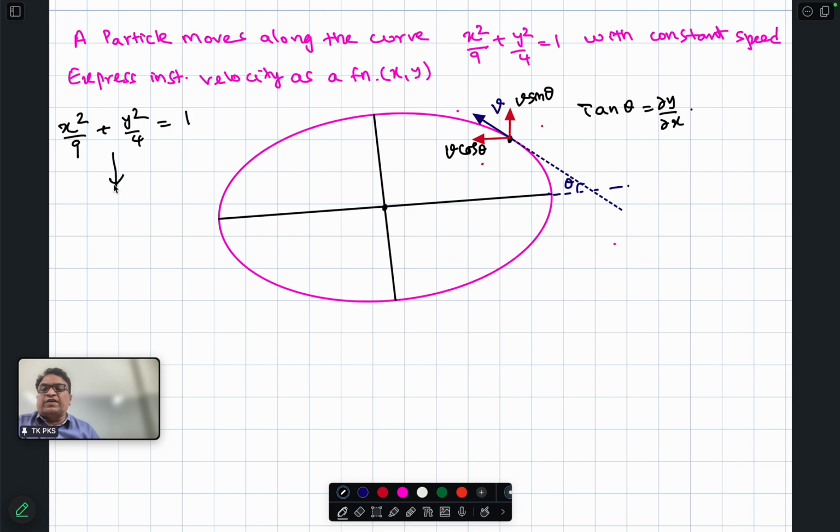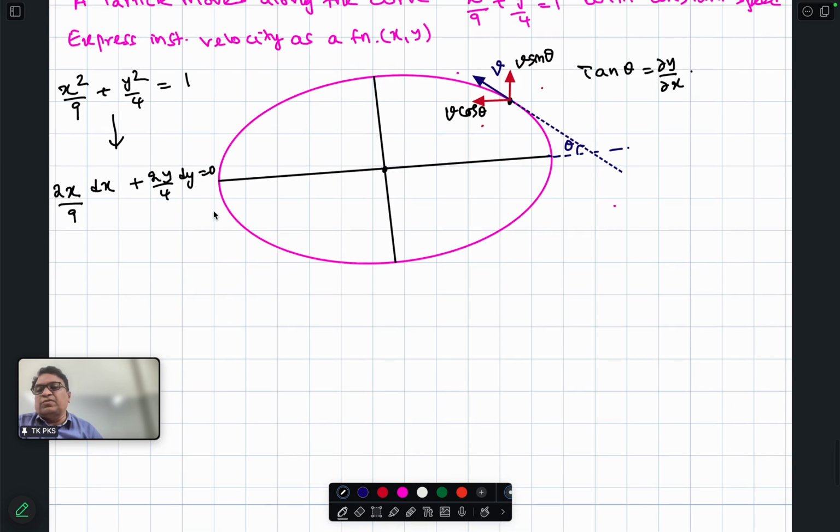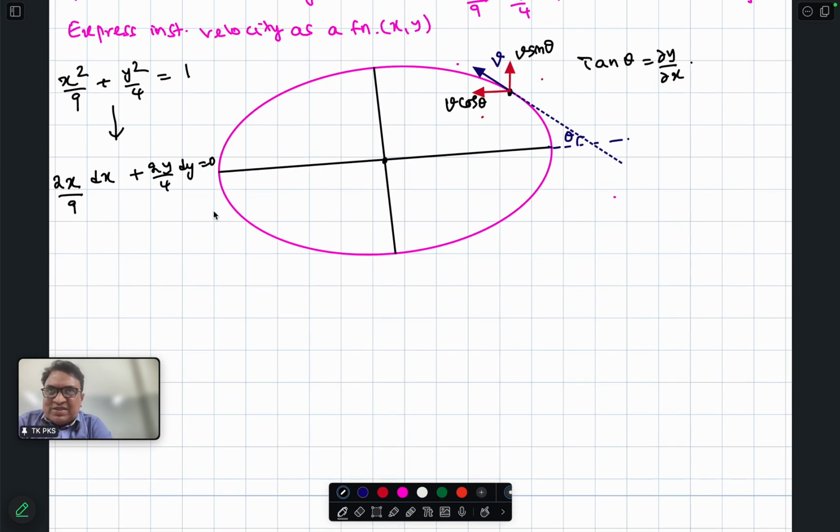Now do the differentiation for this. 2x by 9 dx plus 2y by 4 dy is 0. I hope you remember the differentiation methods which I have discussed last week.